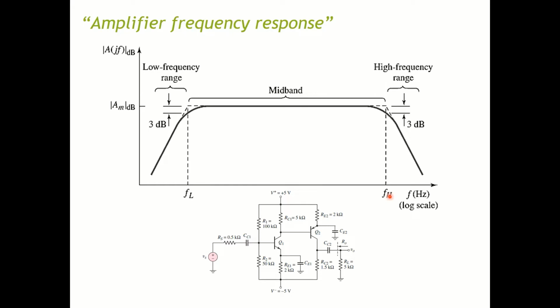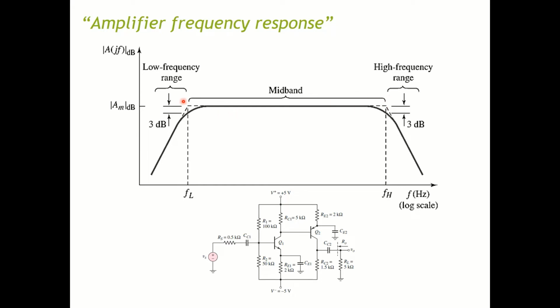So in the design of a good audio amplifier, the frequency FL must be designed to be less than 20 Hz, and the frequency FH needs to be designed to be greater than 20 kHz.